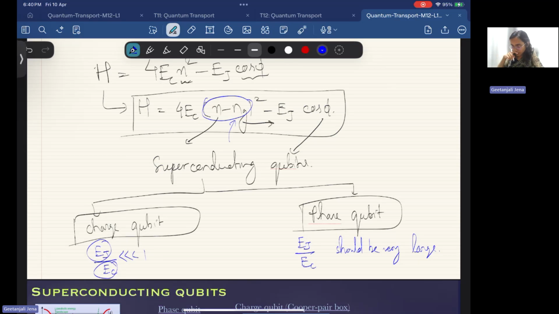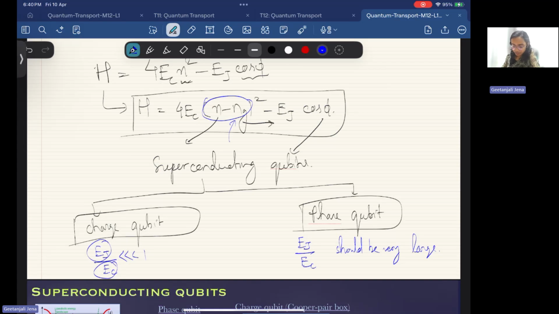So if we have a small charge fluctuation or a small electrical disturbance, there will be a huge variation in the state of this qubit. That means there will be decoherence if there is an electrical disturbance or a charge fluctuation in this system.